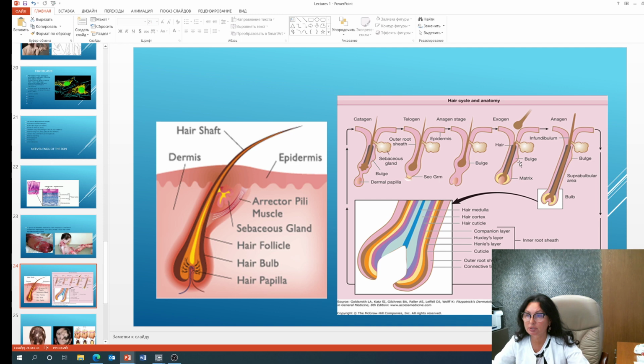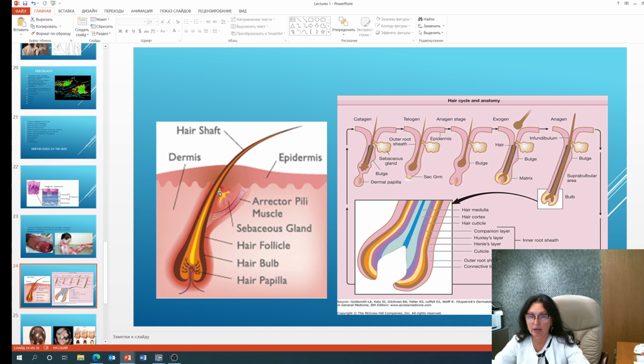This picture shows hair follicles. Hair follicles have a shaft, with dermis and epidermis connected between them, and lie very deep, through the reticular layer up to the hypodermis. There are the hair papilla, hair bulb, hair follicle, and sebaceous glands.